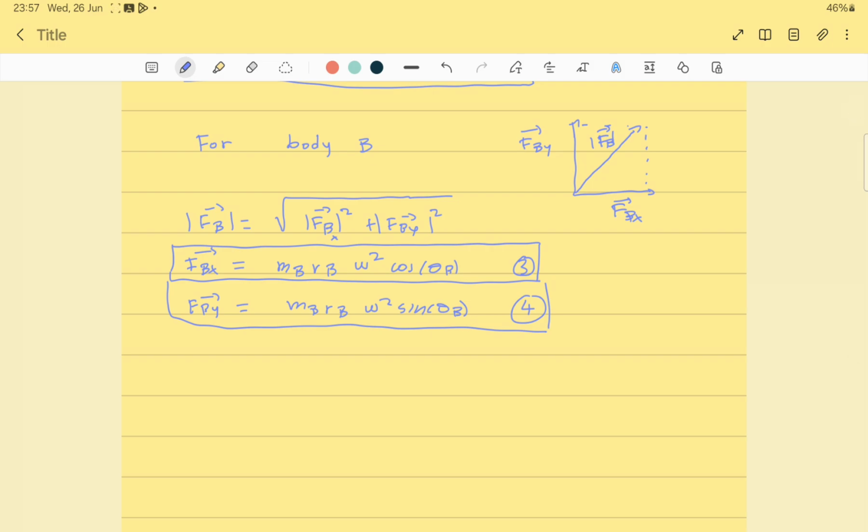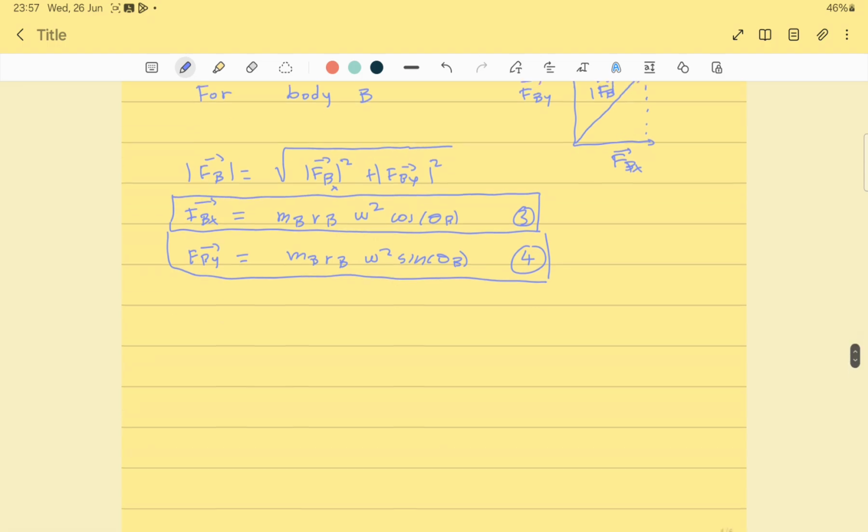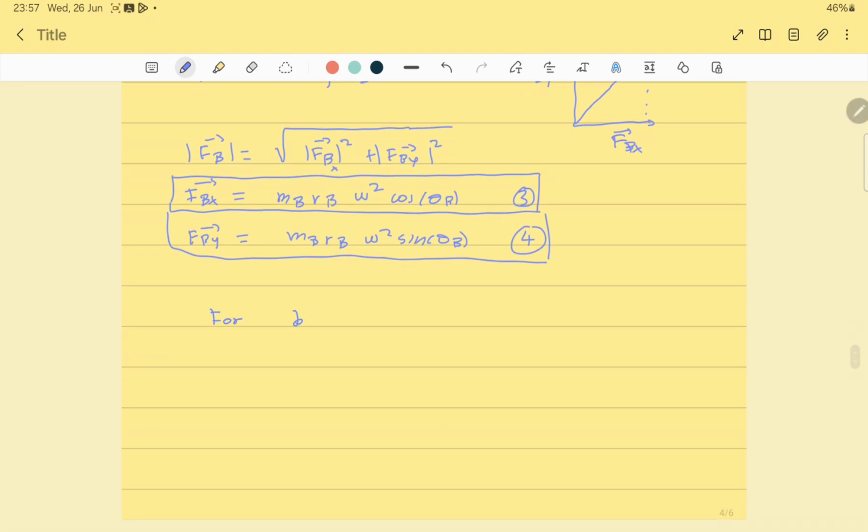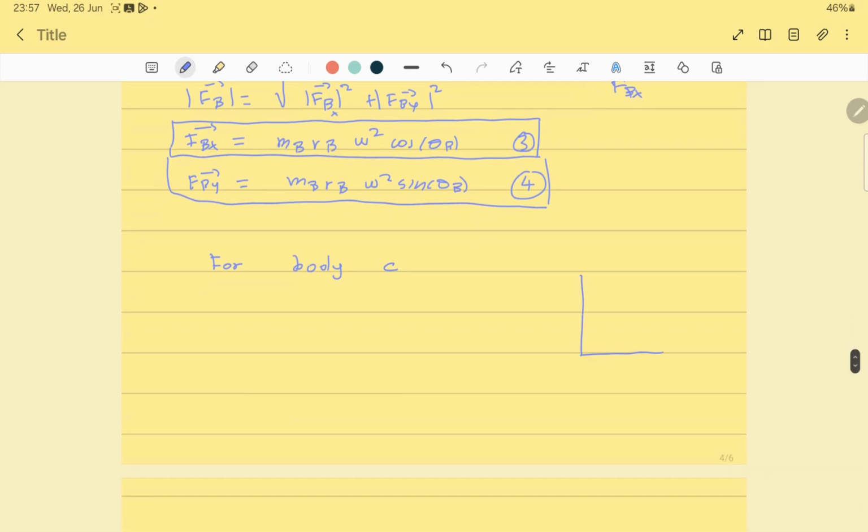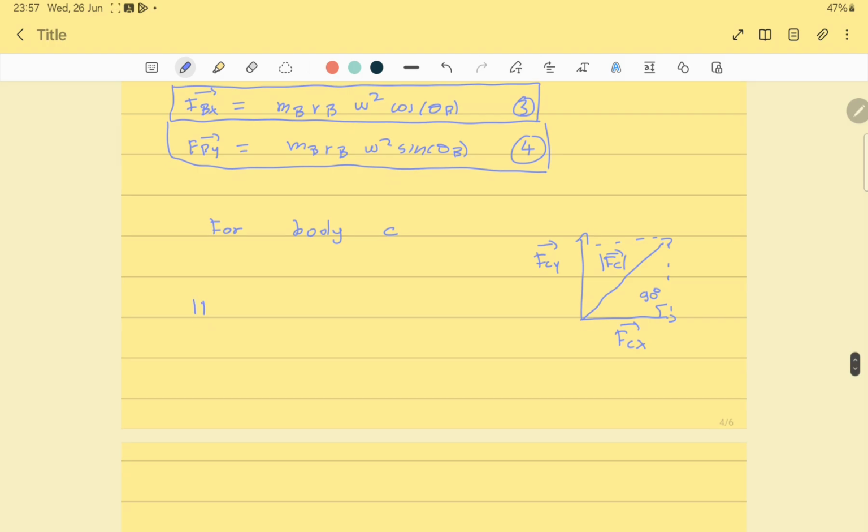And I do the same thing for body C. This is FCY, FCX. And this is the magnitude of the force. This is FC. FC equals the square root of the sum of two vertical sides squared.